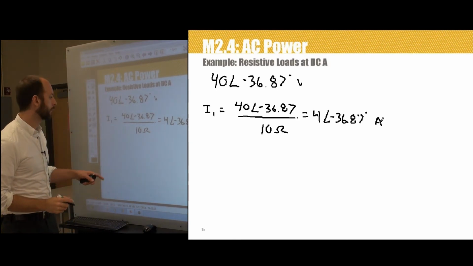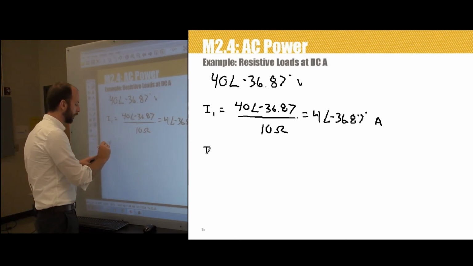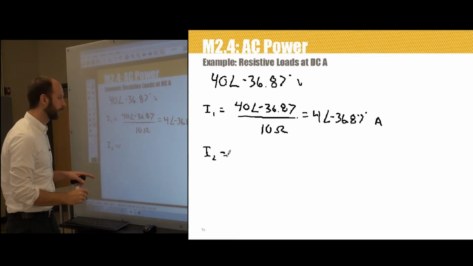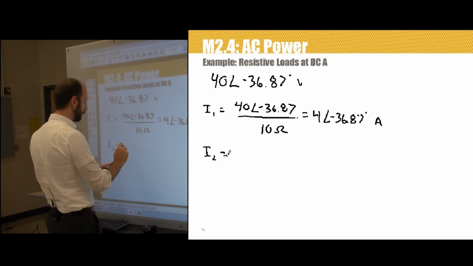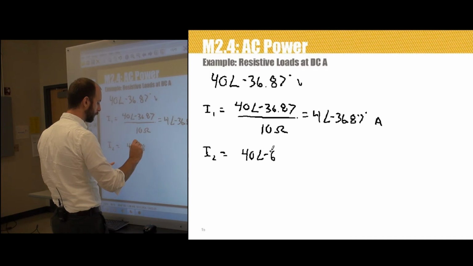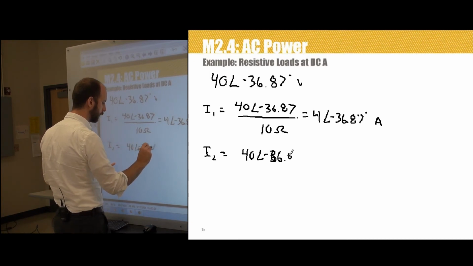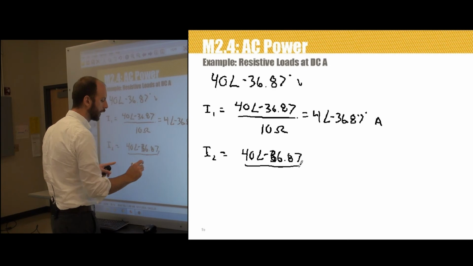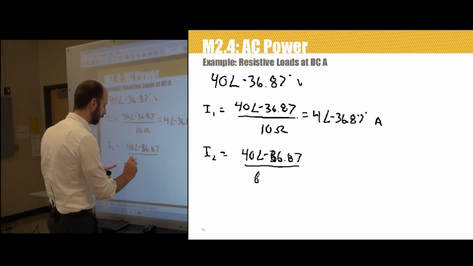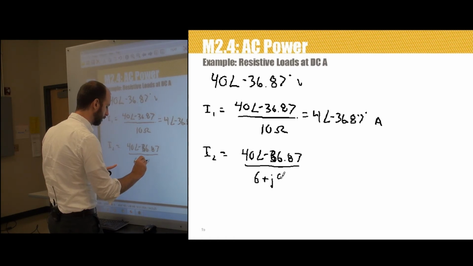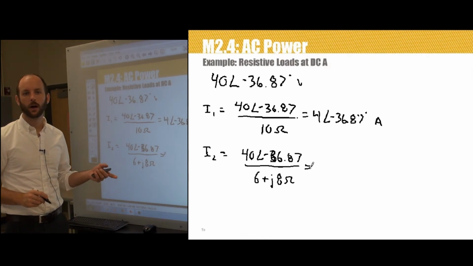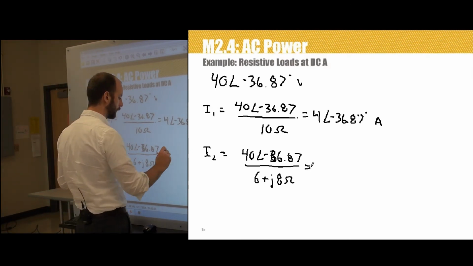Similarly, the branch current I2 is this voltage, 40 at negative 36.87, divided by the impedance of the second branch, which was 6 plus j8 ohms. So that branch current is going to be 4 at an angle of negative 90.